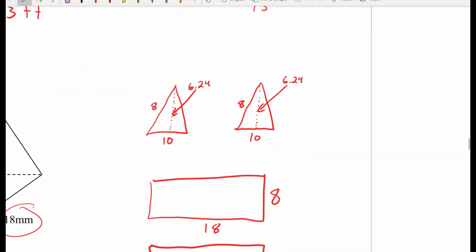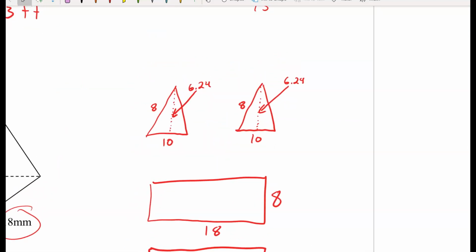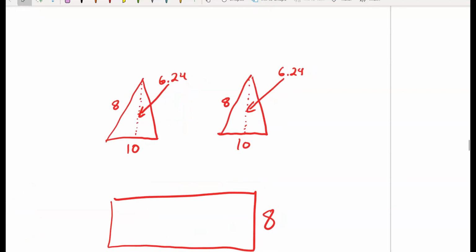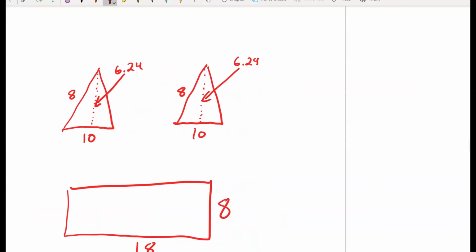When we're calculating for the two triangles, we're going to use the base and the height. So we're going to have base multiplied by the height. 10 is your base and 6.24 is your height. We could have also used 5 and 6.24 because one side would flip over to complete the rectangle, but then we'd have to multiply it by 2 in the end.